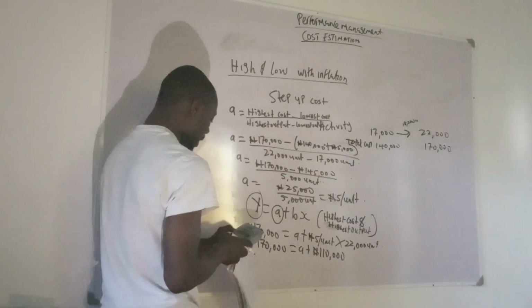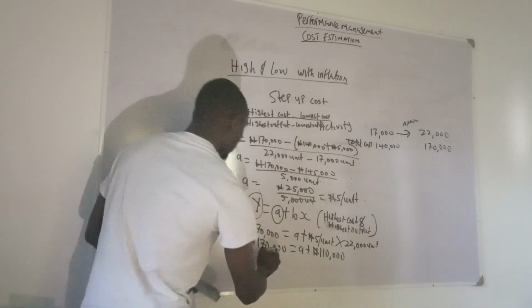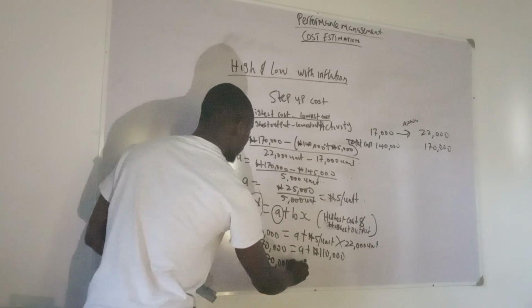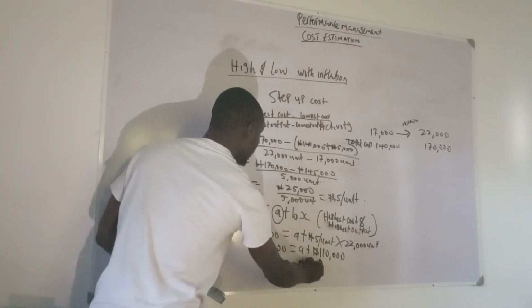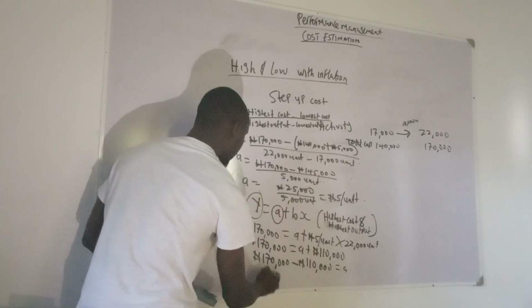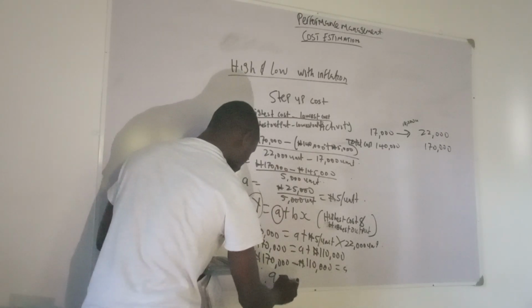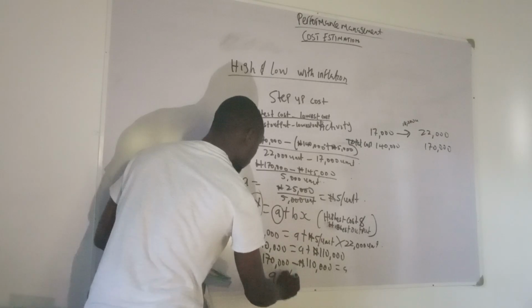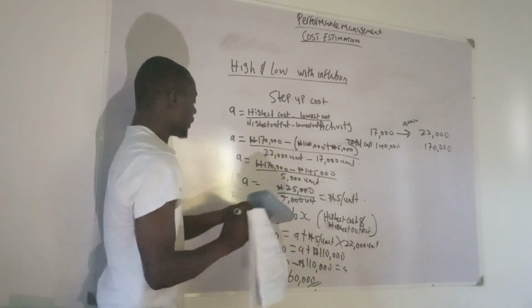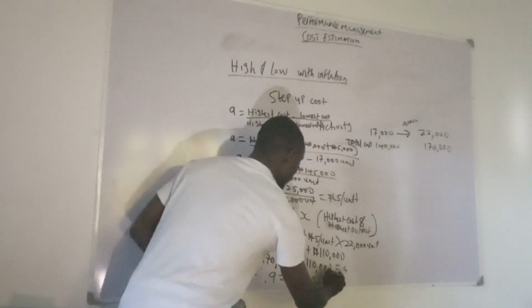So we can have 170,000 minus 110,000 equals A. Therefore, A equals 60,000 naira, and this is your fixed cost.